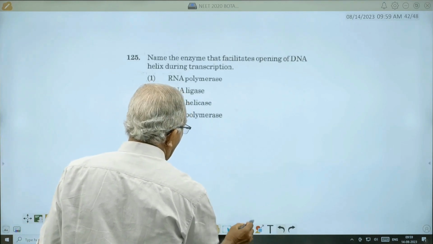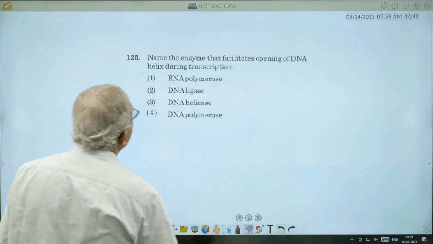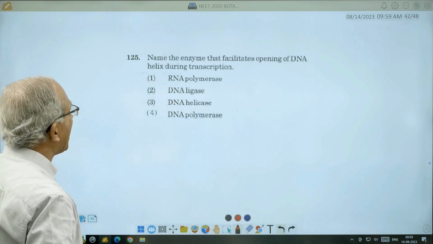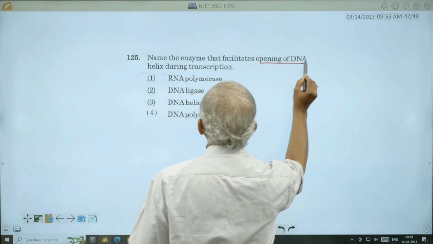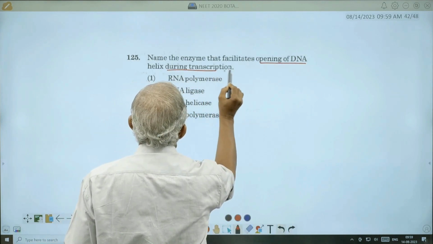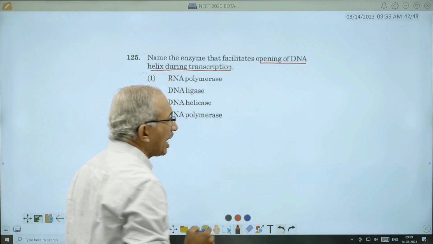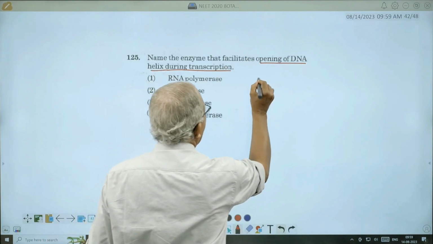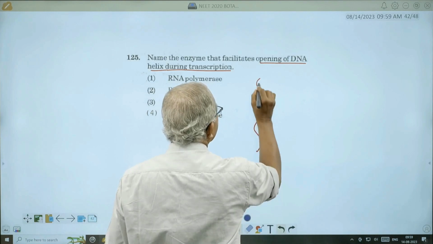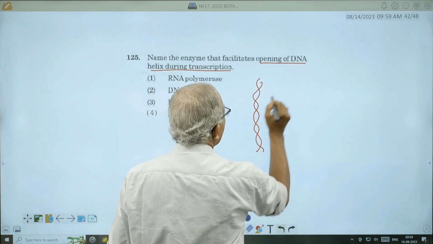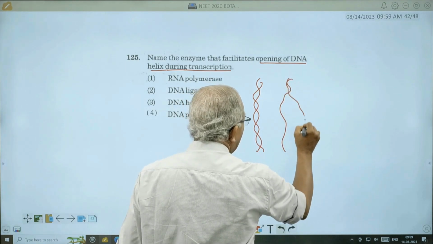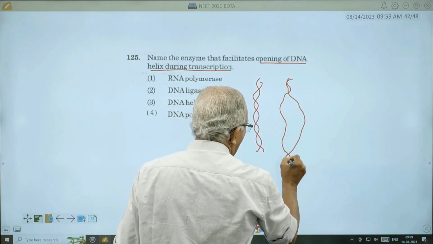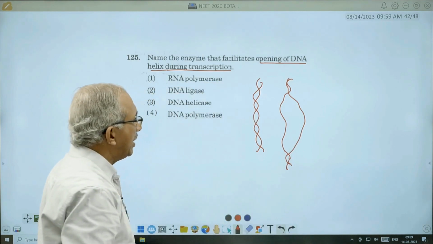Next, name the enzyme that facilitates the opening of DNA during transcription. A segment of the DNA helix unwinds.